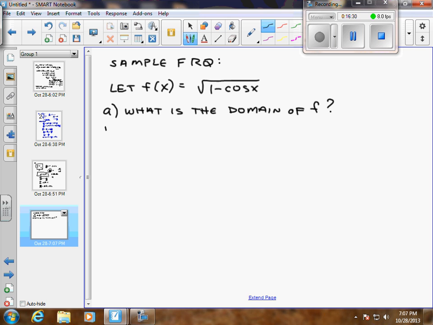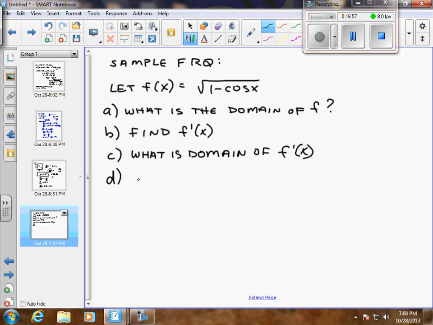Part B. Find f prime of x. Part C. What is the domain of f prime of x?